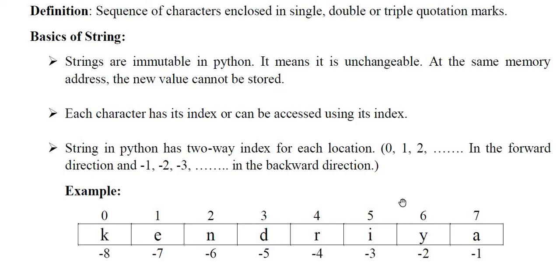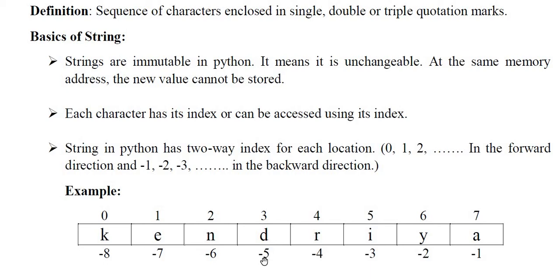If I say 4, r is stored there. Now let's see the third point. A string in Python has two-way index. If you start from here, 0, 1, 2, up to 7, the index will be like this. But when you reverse the order, the index will change: -1, -2, -3, -4 and so on. So a string in Python has two-way index.